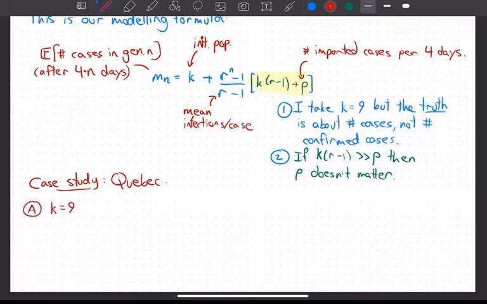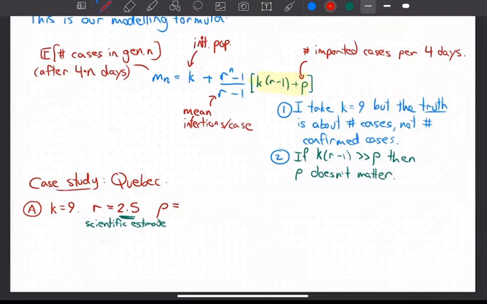But what I'm really interested in is what happens when we vary R, the average number of cases per infected individual, and we'll also play with rho. I mean, this is some sort of a scientific estimate. From what I've read, no one knows for sure, but that seems to be a reasonable guess for the mean value in the situation where no social isolation measures have been taken or anything.